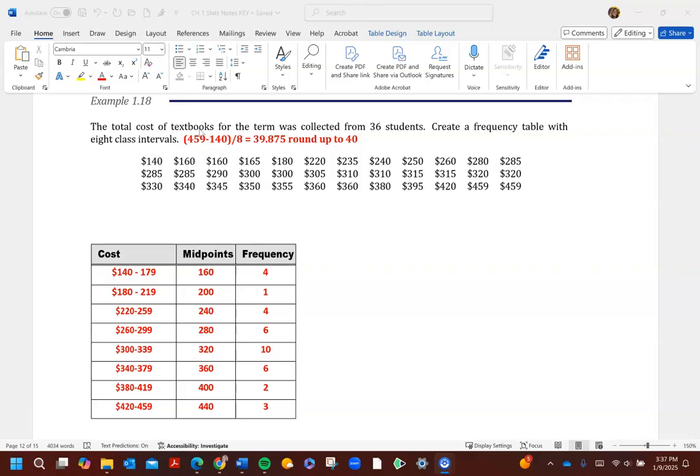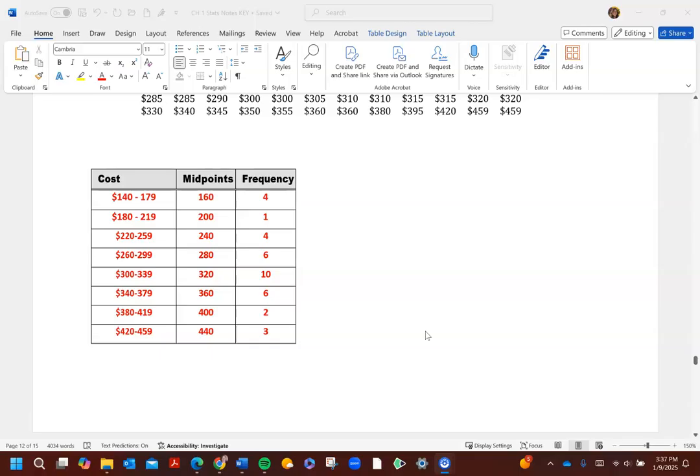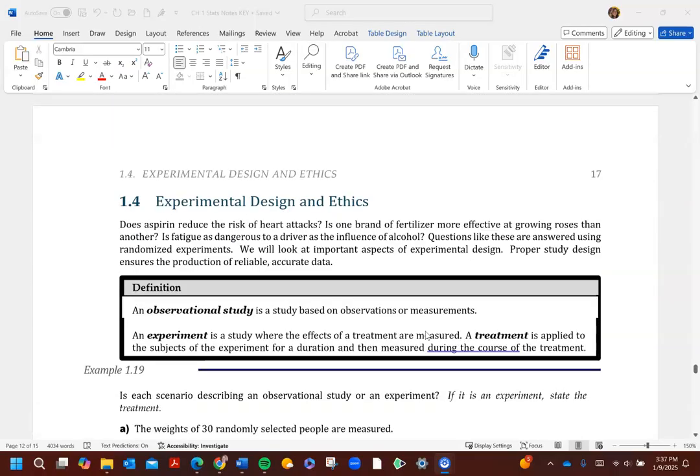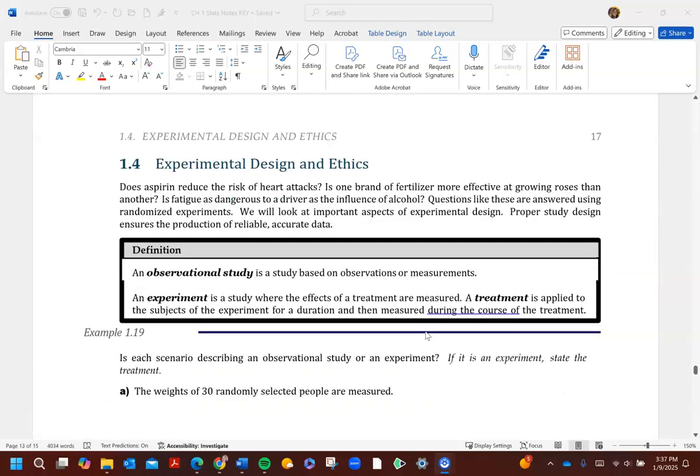Remember, this is total cost of textbooks for the term, data from 36 students. And section 1.4 we will do in a next video.